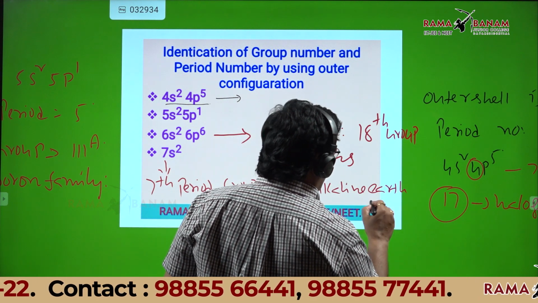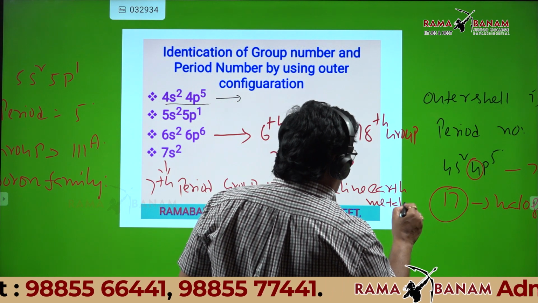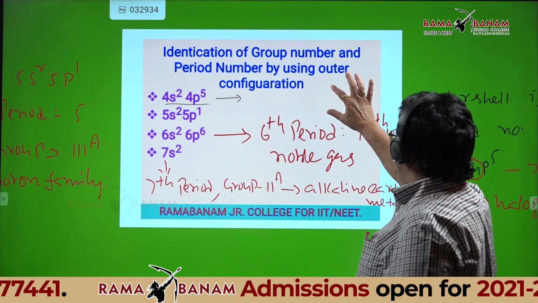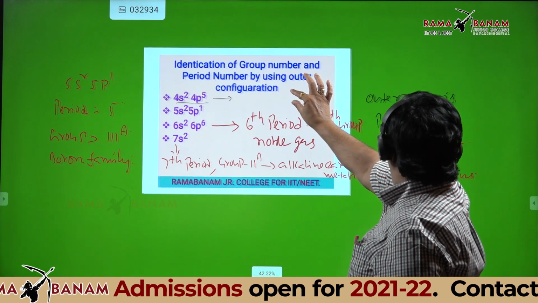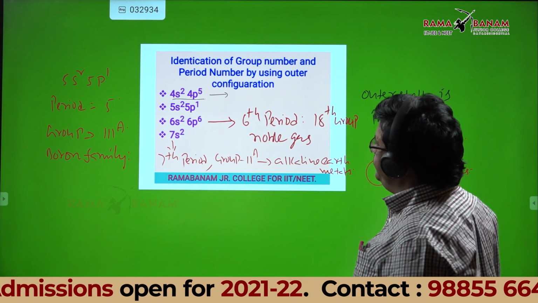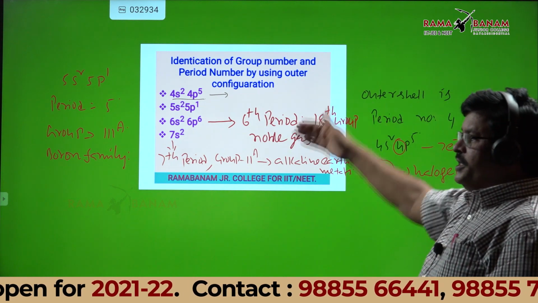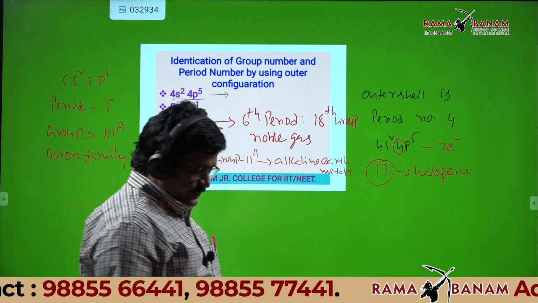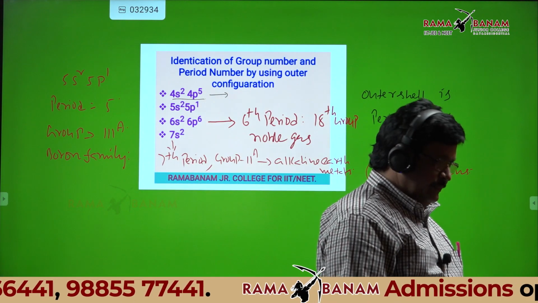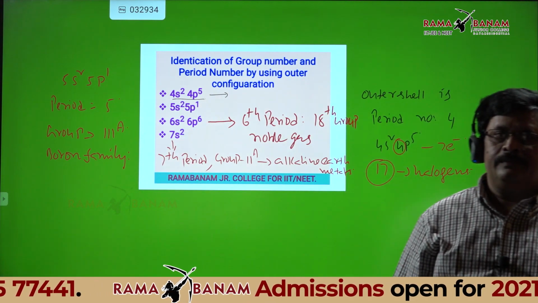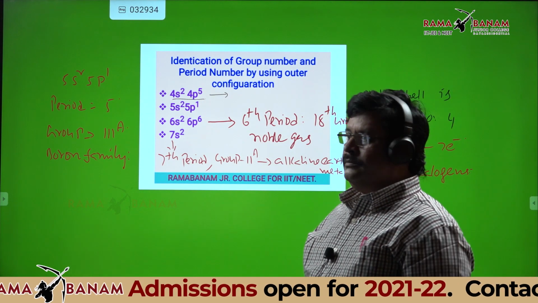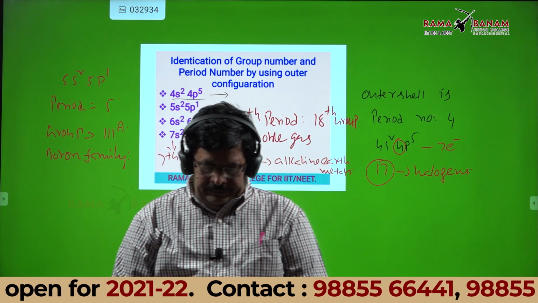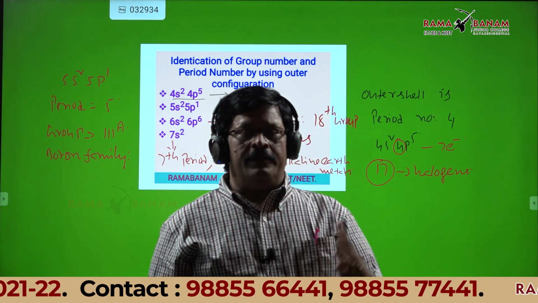Second group, alkaline earth metals. I'll give 3 minutes time to you all just to go through these 4. If any doubt is there in these 4, you can ask, students. Go through all the 4.